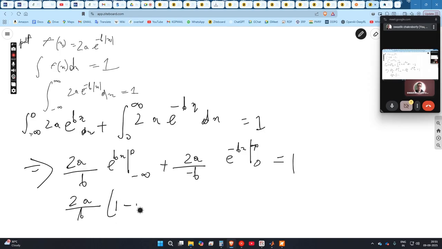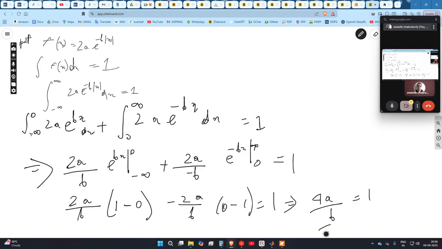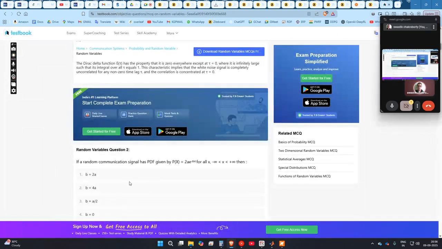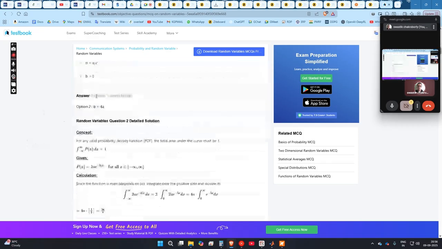So it is 2a by b times (1 minus 0) minus 2a by b times (0 minus 1) equal to 1, which implies 4a by b is equal to 1, which implies b is equal to 4a. So this is the relation for this to be a valid PDF. b is equal to 4a. So the correct answer is b equal to 4a, or option 2.